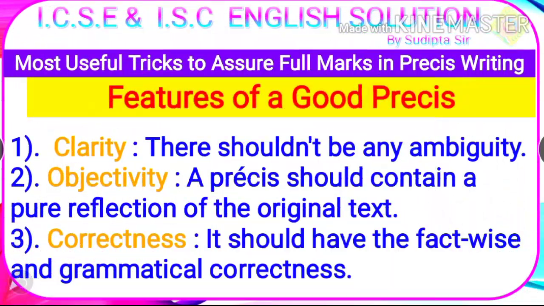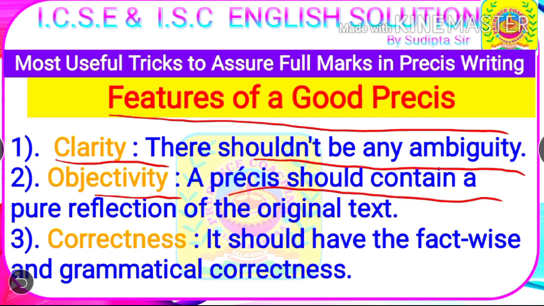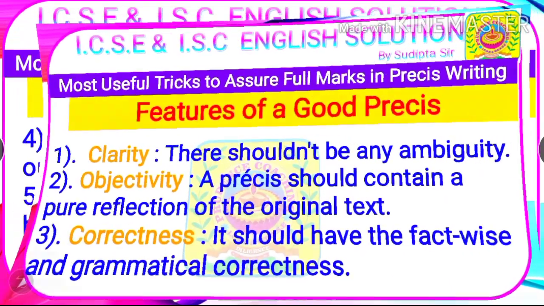Now we will know about the good features of good Precis writing. Number 1, clarity. There shouldn't be any ambiguity in a good Precis. Number 2, objectivity. A Precis should contain a pure reflection of the original text. Number 3, correctness. It should have fact-wise and grammatical correctness.